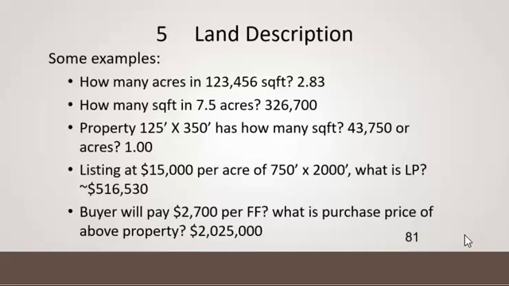So let me ask you a problem. How many acres are there in 123,456 square feet? You'll like this number. So, how do I figure this?